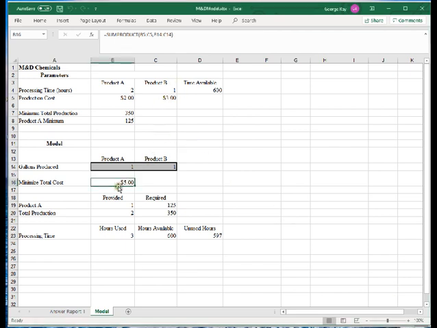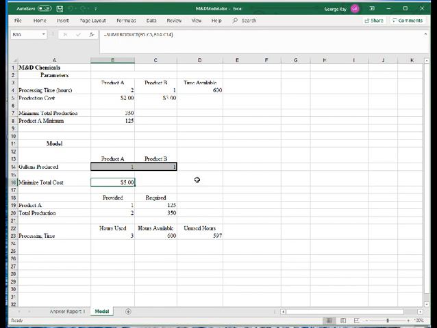Our goal in this case is to minimize our total cost. Our decision variables are the amount of product A and the amount of product B. The production cost for each one of those is $2 and $3. So we use a SUMPRODUCT to get our total cost, which is B5 to C5.